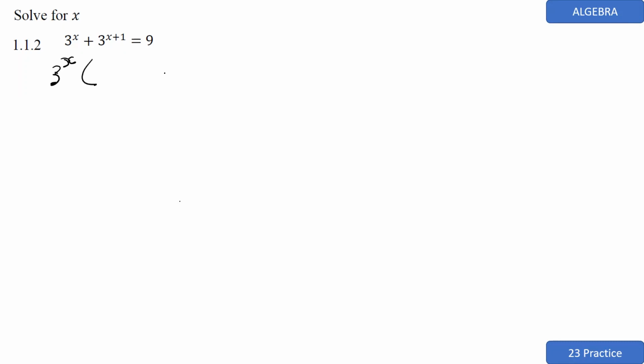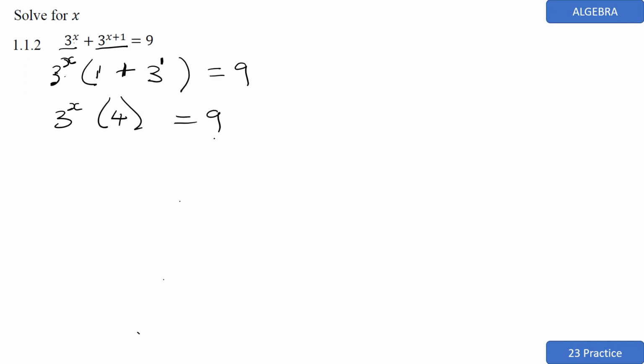So if you put out 3 to the power x, you have 1 plus 1 divided by 3 to the power 1, which will be 3 to the power 1. 3 to the power 1 is 4 thirds, which gives you 9.